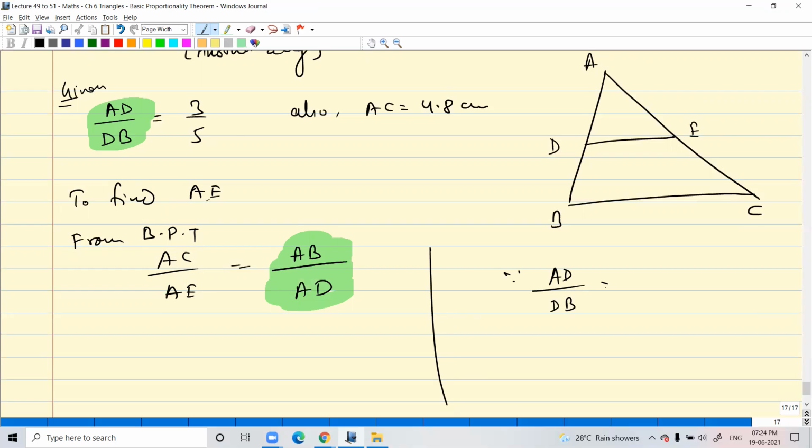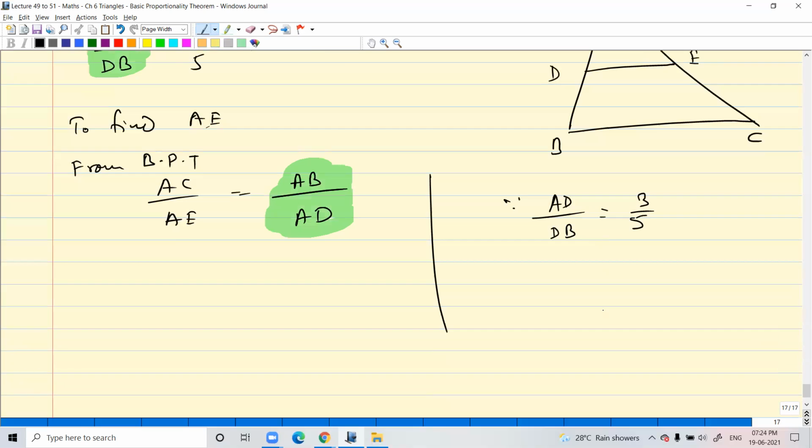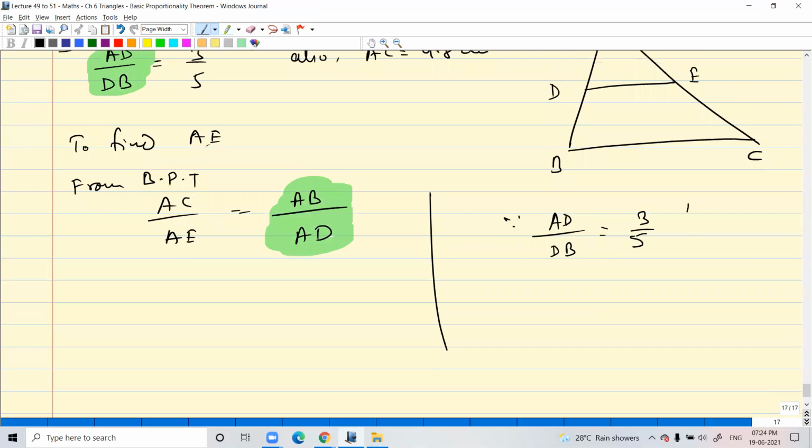So with that we can add 1. But if we add 1 directly here, what will happen? It will become AB by DB, but we don't need AB by DB. We need AD in the denominator, na?